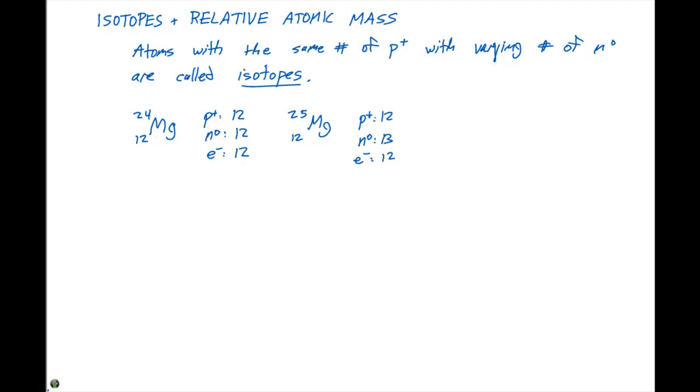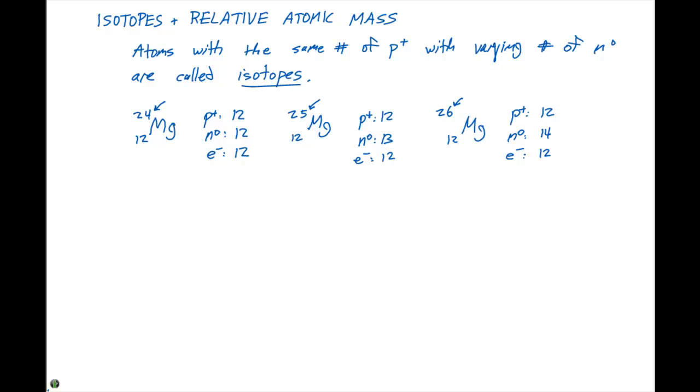There's a third isotope of magnesium, which is magnesium 26. Still magnesium, so there's 12 protons. The number of neutrons is going to be 26 minus 12, or 14, and the number of electrons is going to be 12 because it's neutral. So as we go across this series and look at these isotopes, we see that in each case the mass number increases by 1.